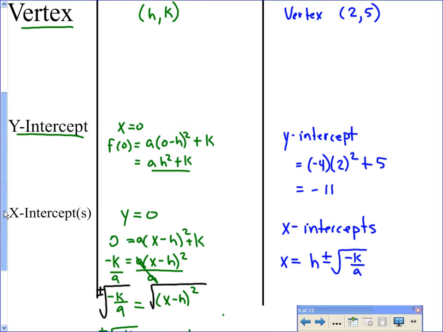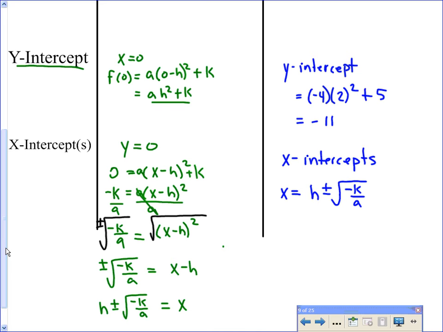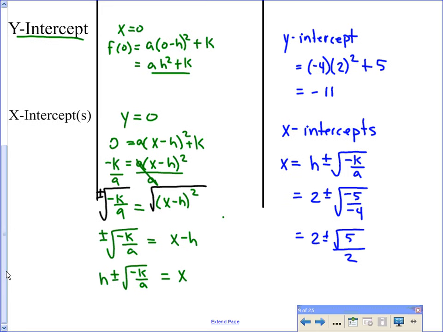Okay, so we're going to use that to find that the value of h is going to be 2 plus or minus the square root of -5 over -4. And so then I get 2 plus or minus the square root of 5 over 4, or square root of 5 over 2. I want to take the square root of 4. And you can find decimal values for those to help you in graphing. If you do 2 plus root 5 over 2, then you end up getting 3.12, and then the minus is going to give you 0.88.